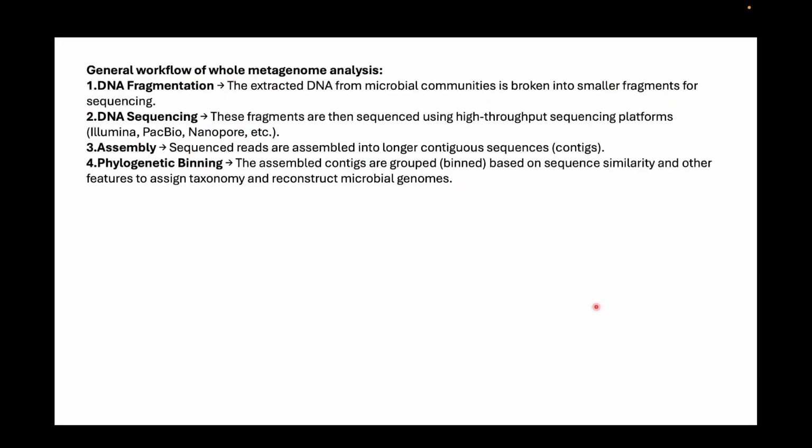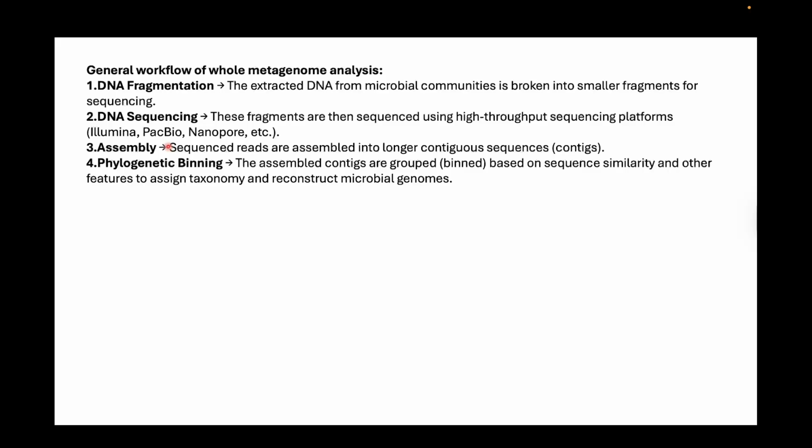Okay, so what is the general workflow again? Putting it in words: DNA fragmentation. The extracted DNA from the microbial community is broken into smaller fragments for sequencing. Then comes DNA sequencing. These fragments are then sequenced using a high throughput sequencing platform like Illumina sequencing or PacBio.